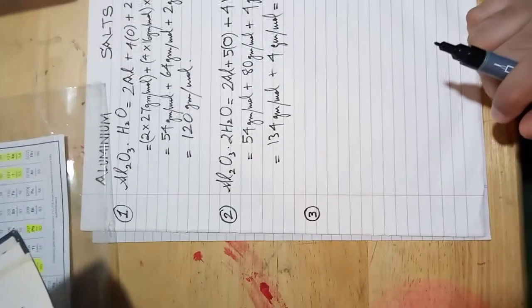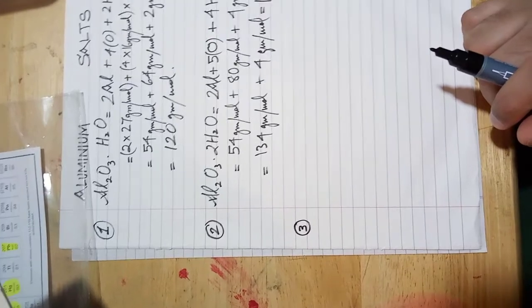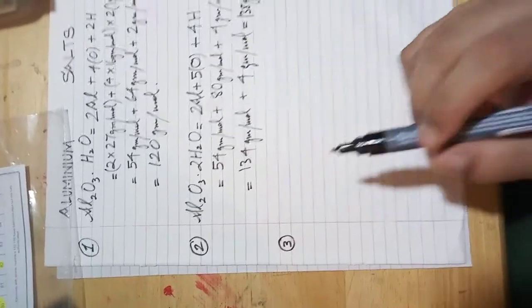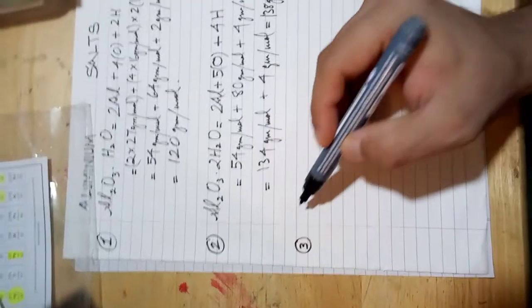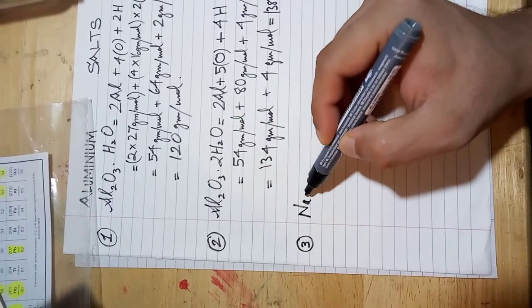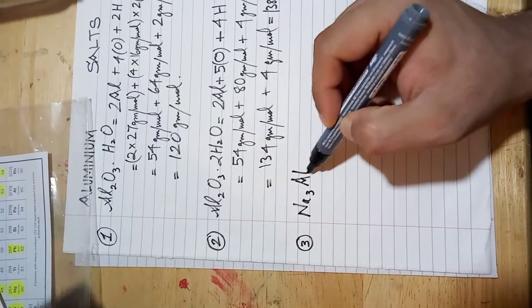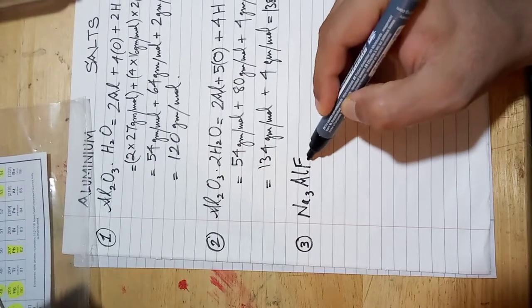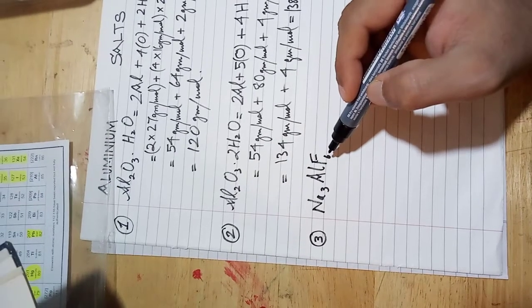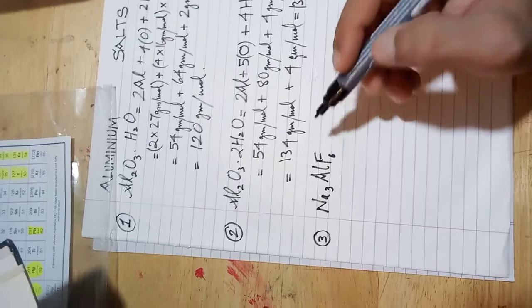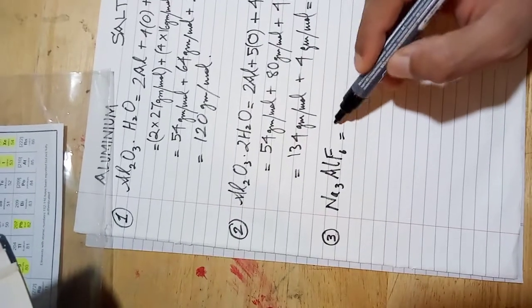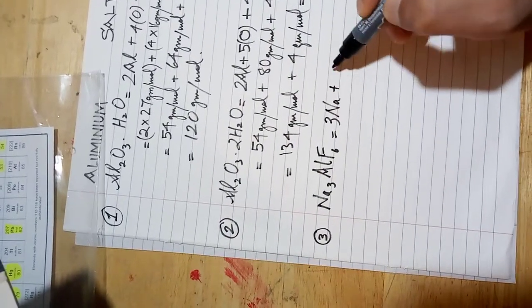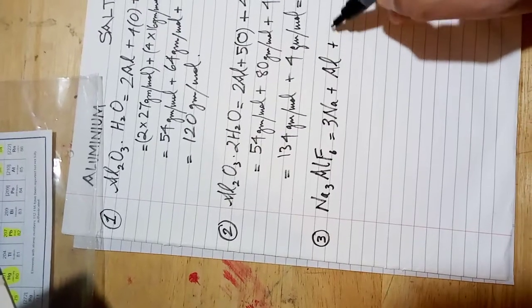The third one would be trisodium, I think, yeah, it's bauxite. It's trisodium AlF6 hexafluoride. So that'll be 3 atoms of sodium plus 1 atom of aluminium plus 6 atoms of fluorine.